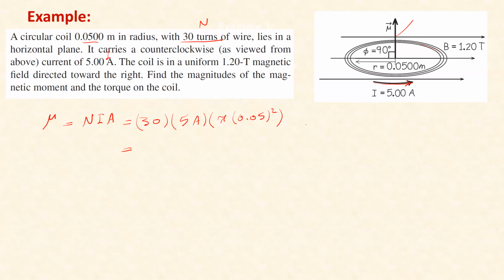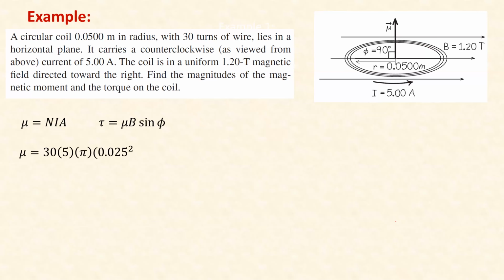So you can calculate that. 30 times 5 is 150, and then 0.05 squared becomes a small number. Then you get the total. I think here I have the result. Oh, why is it 30 times pi? It is radius 0.05, so I don't need the 2. This 2 shouldn't be there.